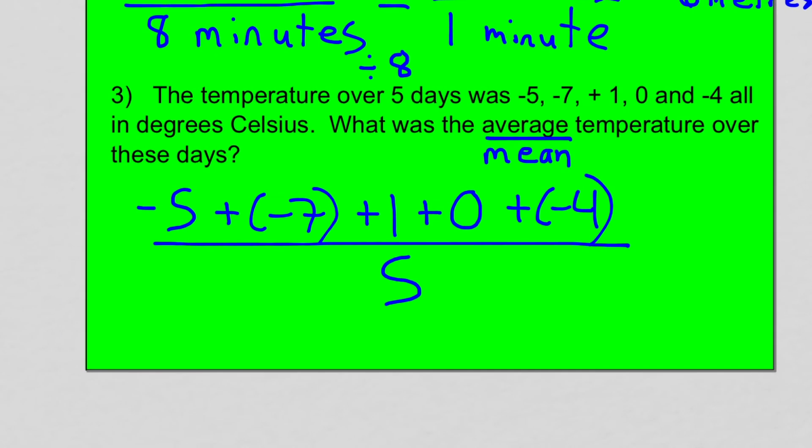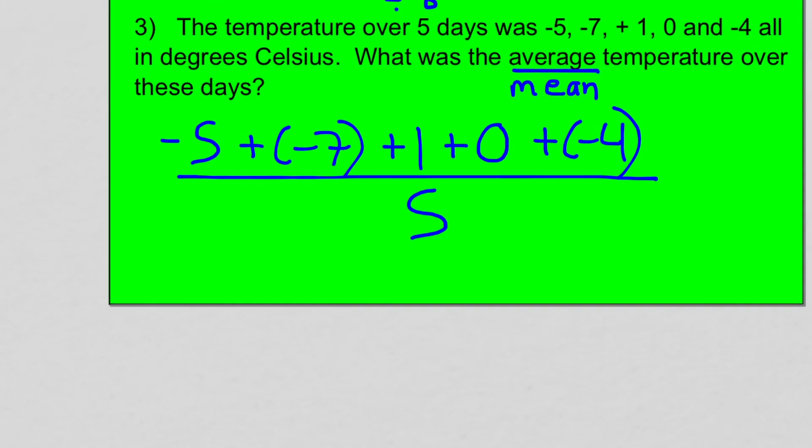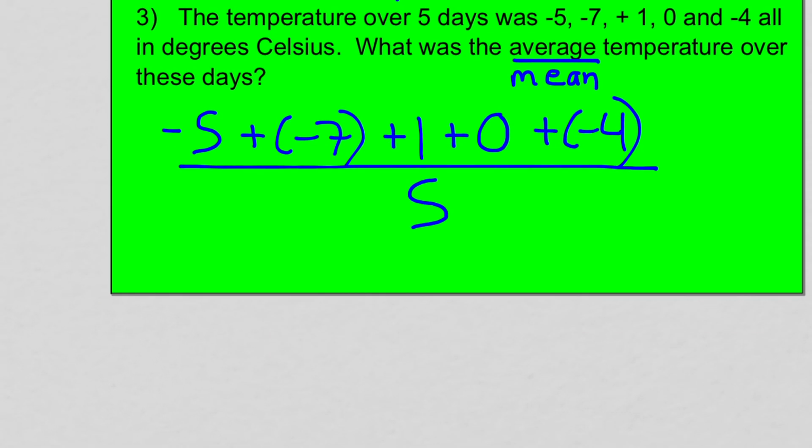Now, let's add up those integers on the top. I know that -5 and -7 combine to give -12. Plus a +1 is -11, plus 0 is -11, and -11 plus -4 makes -15. That's going to work out to -15 divided by +5.